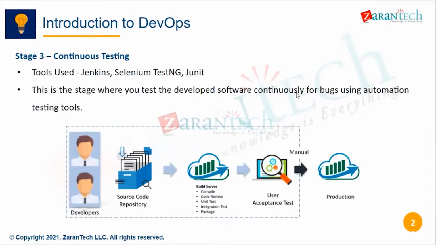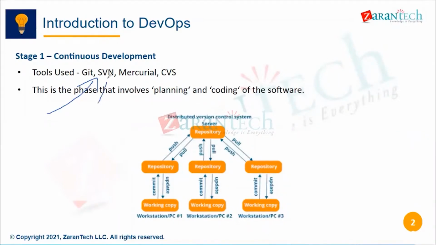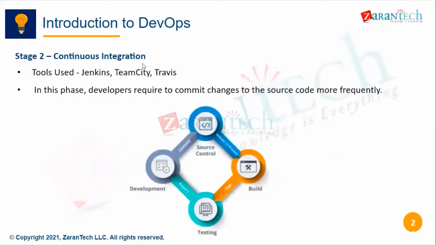Continuous testing. For continuous development, we have Git, because Git is a very popular tool. That's why we talk about Git. Still, I can talk about SVN to differentiate. Continuous integration, Jenkins.